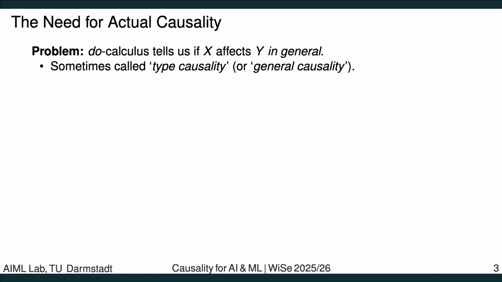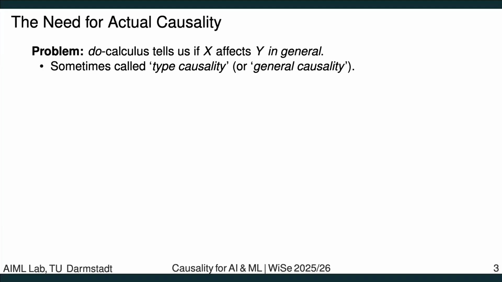So far, we looked at do calculus, the normal Pearlian framework, and usually what we were interested in was some average effect of some change in X causing a change in Y. And this sort of causality is sometimes called type causality or general causality because it's the most common form.